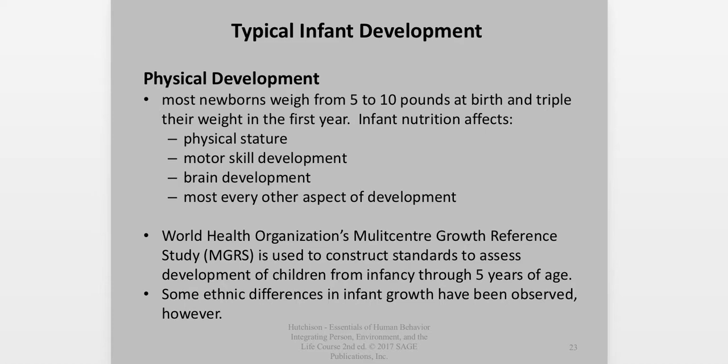There are certainly ethnic differences in infant growth that have been observed as well, and the WHO's study somehow standardized this across many different cultures. So it's considered to be a pretty good reference for determining whether the child is at the percentile where the child should be or not.